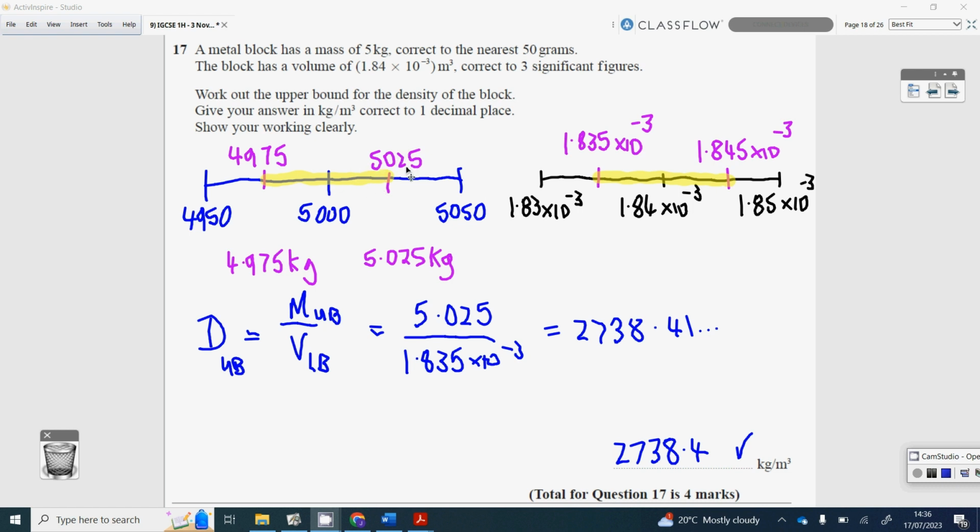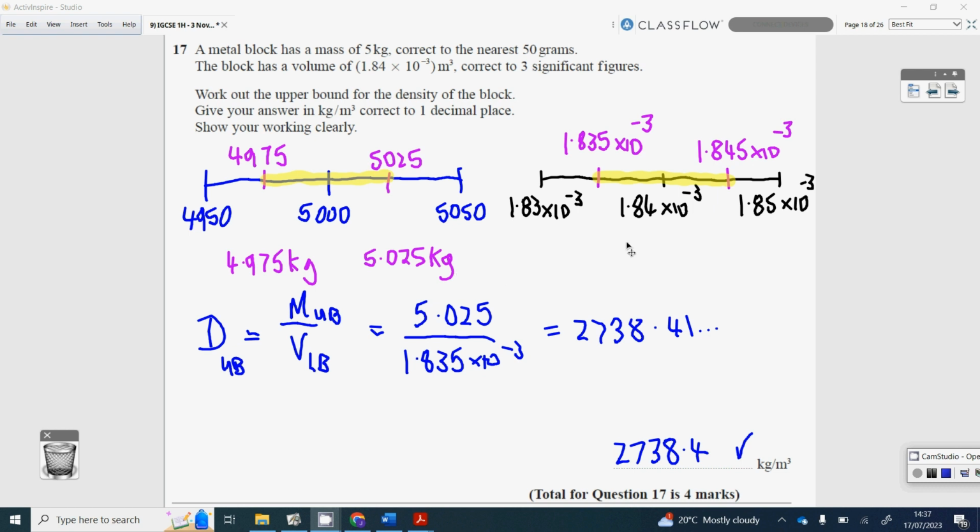So then converting back into kilograms, my lower bound is 4.975, my upper bound is 5.025, and maintain that symmetry. Don't be tempted just to slightly adjust this one because we know this would in theory round up. We maintain the symmetry and we go with the 5025 or the 5.025 kilograms.